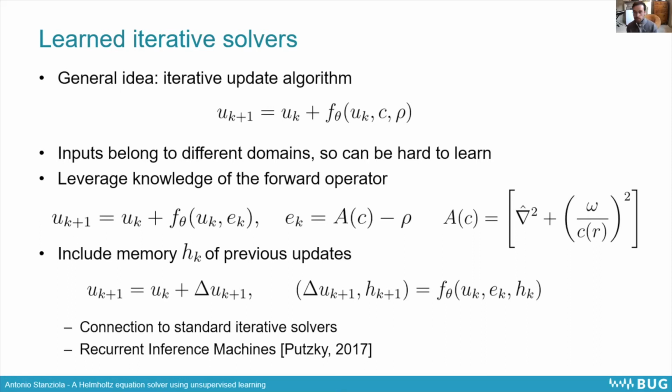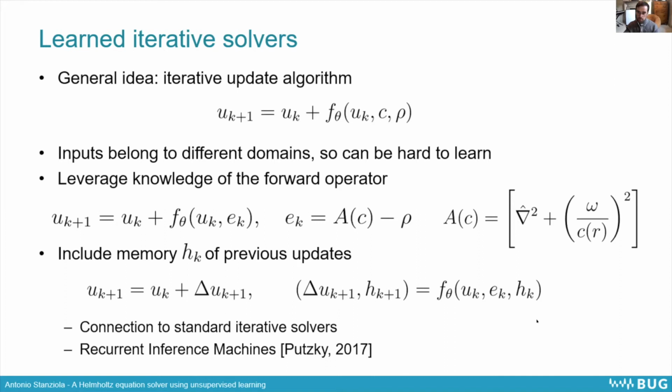The simplest example would be momentum for gradient descent, where you keep track of the previous update, or Adam, or conjugate gradient where you have the p vector, or GMRES where you have the Krylov subspace, and so on. But anyway, the core idea is that we are augmenting the inputs of the neural network with a hidden state, which we call h_k.